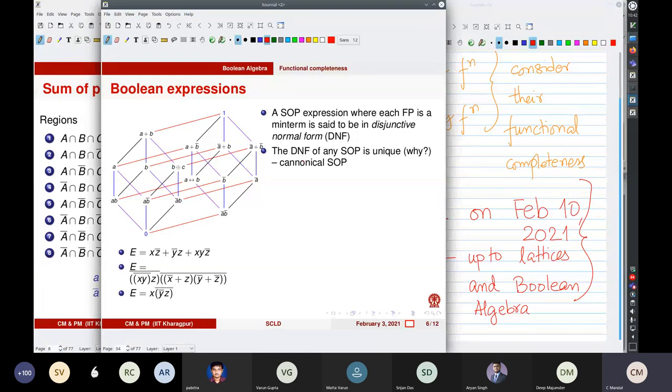So this term canonical is associated with uniqueness. All right.